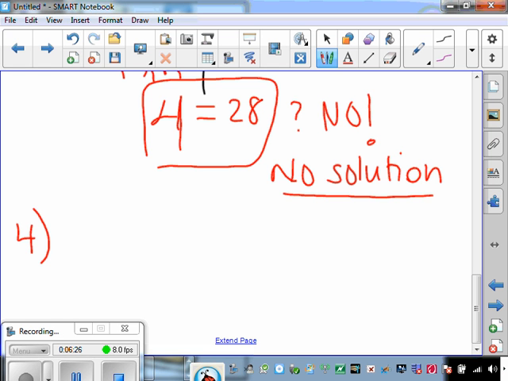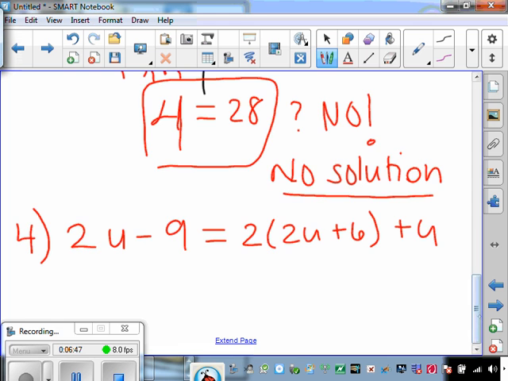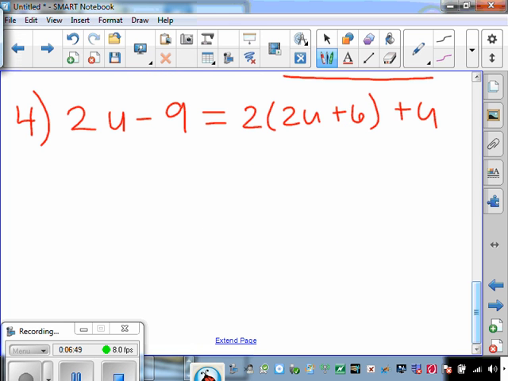So another example where we do have a solution. 2u minus 9 equals 2 times 2u plus 6 plus 5. So now, there's my equal sign.